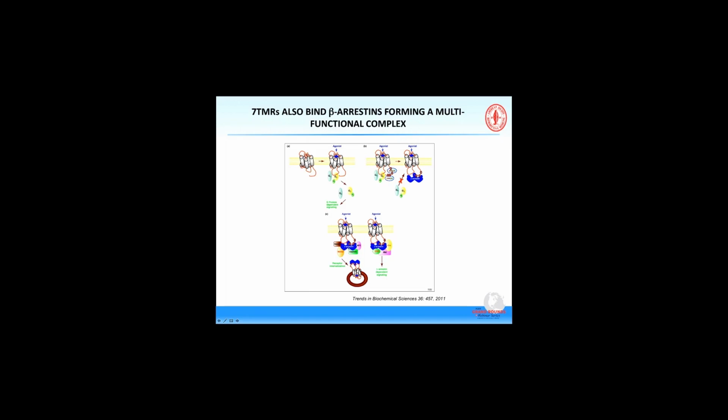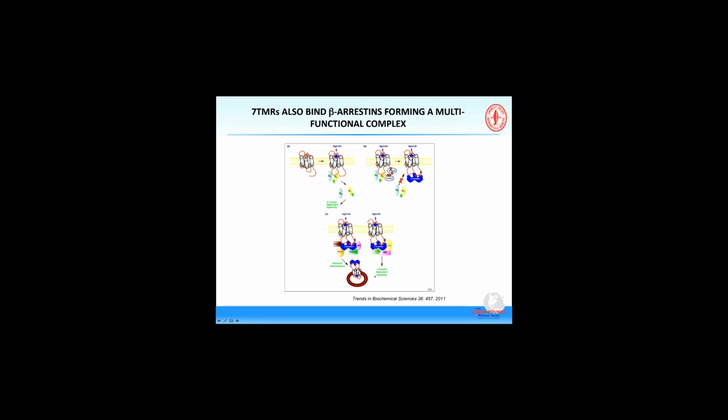And this is another reason why these receptors then stop working, simply because they're not in the right location anymore. But another very important aspect of this is that the beta-arrestin can bind a number of other signaling molecules, such as SRC, for example, AKT or ERK. These are important kinases that activate different processes in the cells.